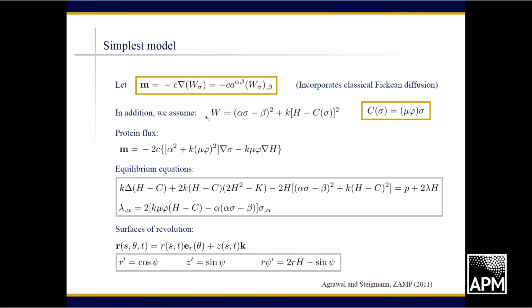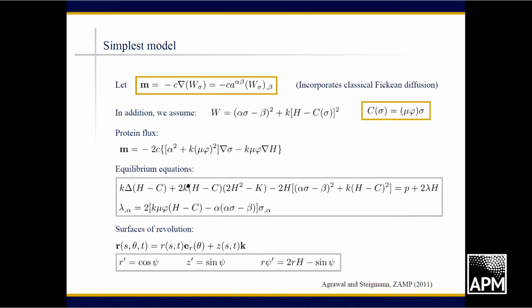And if we have a simple form of the chemical potential involving in particular the spontaneous curvature, then we extract the constitutive equation for the diffusive flux, which couples concentration gradient to the geometry of the film.